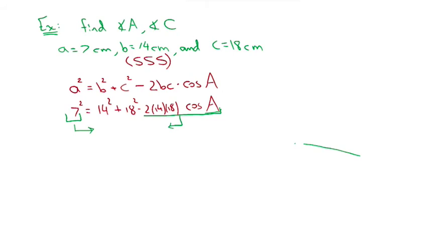When you do that, the negative turns into a positive, and the 7 squared turns into a negative. So you just want to switch both sides. It makes life easier. So it becomes 2 times 14 times 18 times cosine of A is equal to 14 squared plus 18 squared minus 7 squared. It just makes solving for that A a lot simpler. What would you do first?